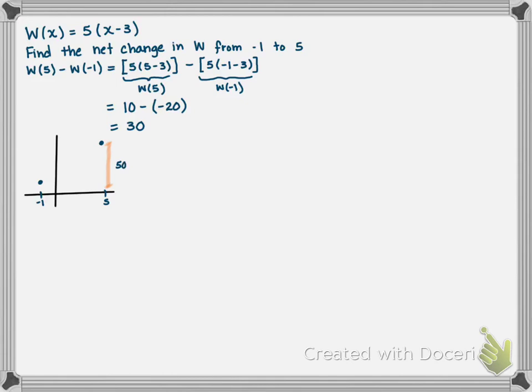And it's possible, in this case it's true, that it's a straight line from there to there. It's also possible that it goes like this to get there, right? The net change would be exactly the same regardless of how we get there in between.